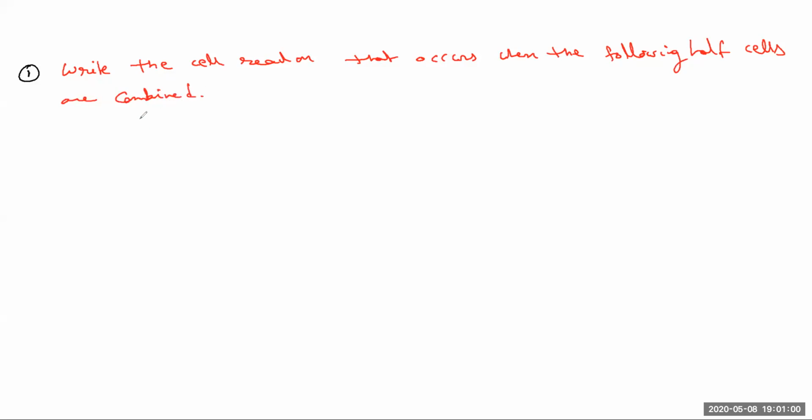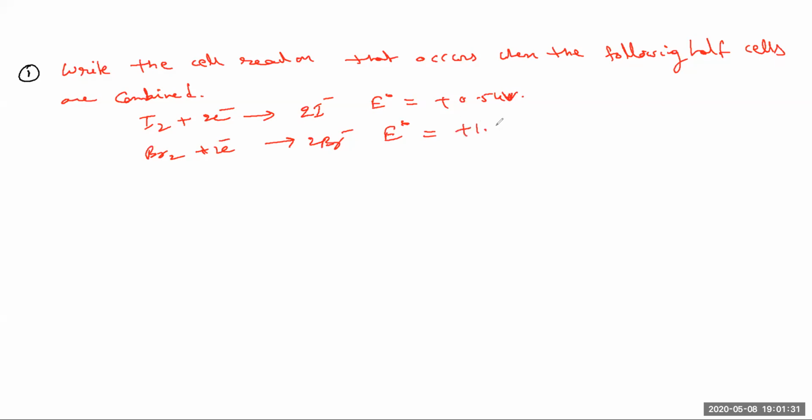Take this one: I2 plus 2 electrons becomes 2I minus, E naught value is equal to plus 0.54 volts. Br2, bromine takes 2 electrons, makes 2 Br minus, E naught is equal to plus 1.08 volts.